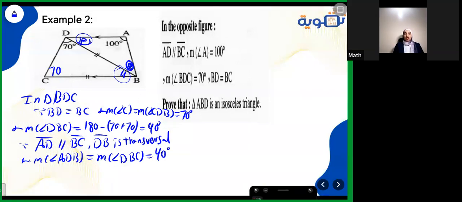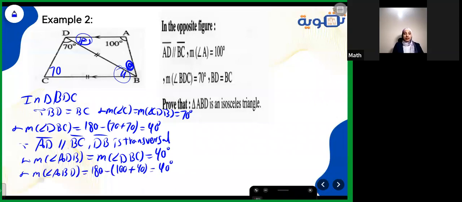Now let's talk about this part here. Then measure of angle ABD, I don't know its measure yet. It will be 180 minus 100 plus the 40 we got now, which will also be 40 degrees.